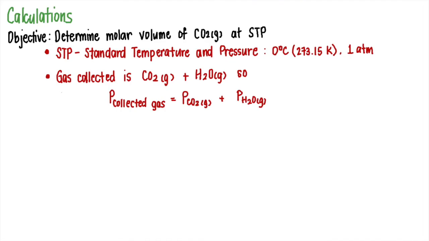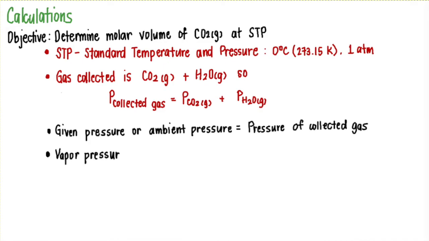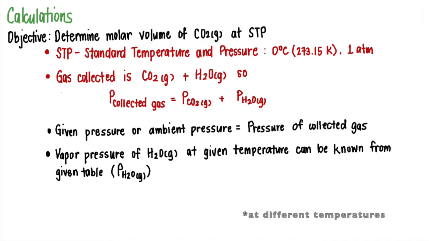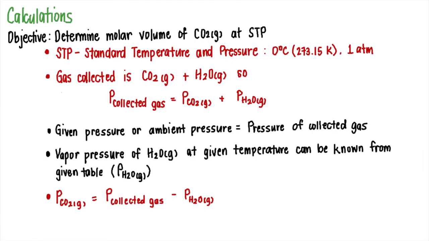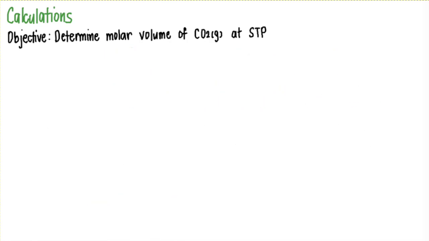That is why it's called wet carbon dioxide gas. Since we know the ambient pressure, we can consult standard vapor pressure tables for water at different temperatures. Once we have determined the pressure of water, we can subtract this from the ambient pressure. This will give the pressure of carbon dioxide present in the gas that you collected. This is an application of Dalton's law of partial pressures.